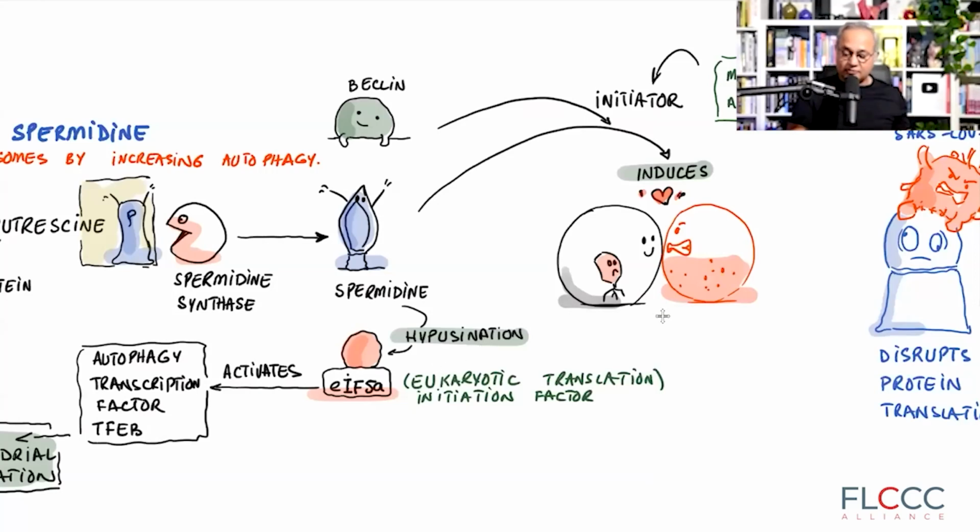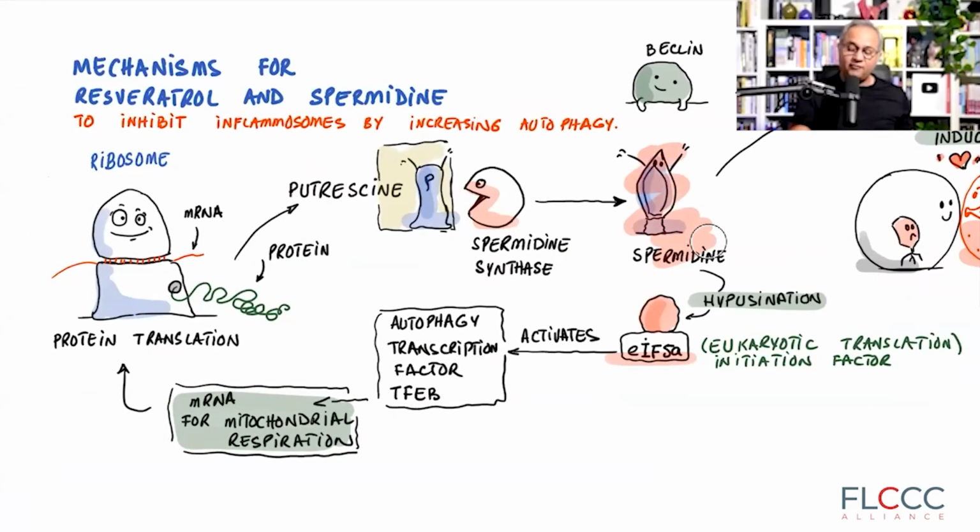Now, check this out. Once the spermidine is formed, spermidine does one more thing, and that is there is another protein in our cells called eukaryotic translation initiation factor. What does it mean? Really, this protein's function is to work with mitochondria to keep mitochondrial function healthy.